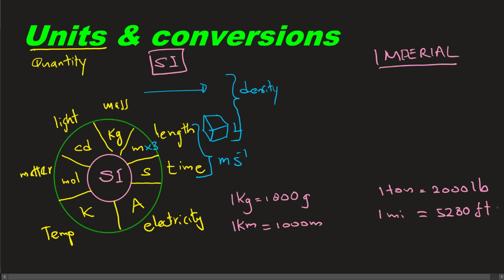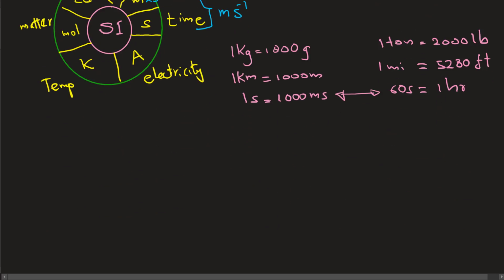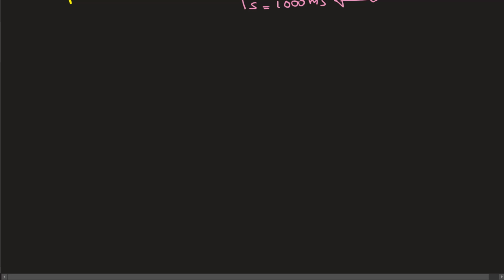So I'm comparing the international system versus the imperial system side by side. Now 1 second is 1,000 milliseconds, and 60 seconds is 1 minute. So the time units are across the board, and the imperial system is still used in the United States of America because they can't easily replace all the pumps and balances and whatnot.